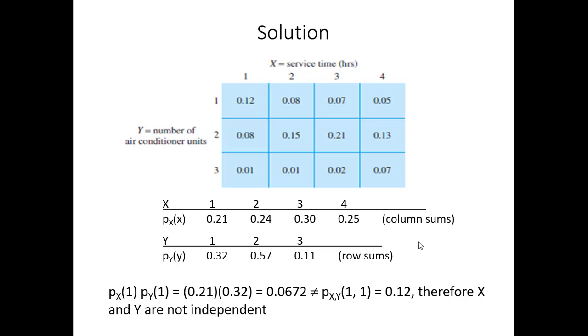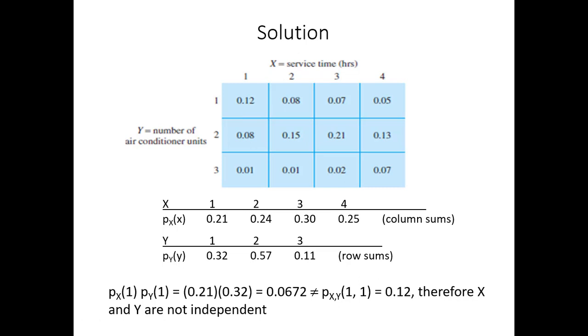Now in part B, we were asked to determine if x and y are independent or not. This one is fairly easy to settle. I'm going to think of the value in this cell, 0.12.